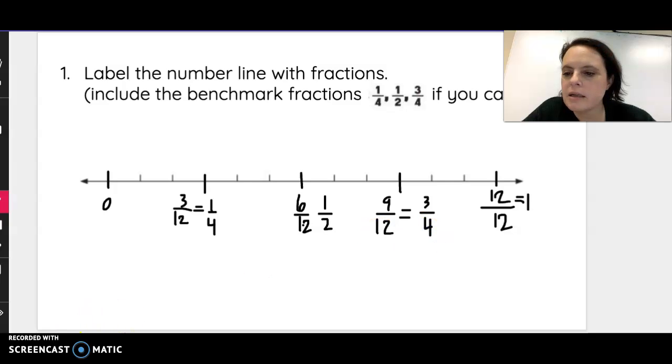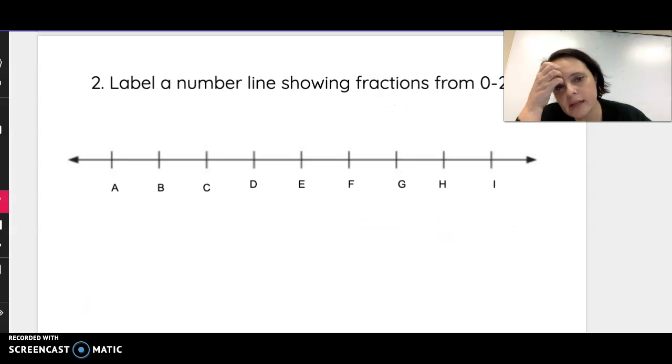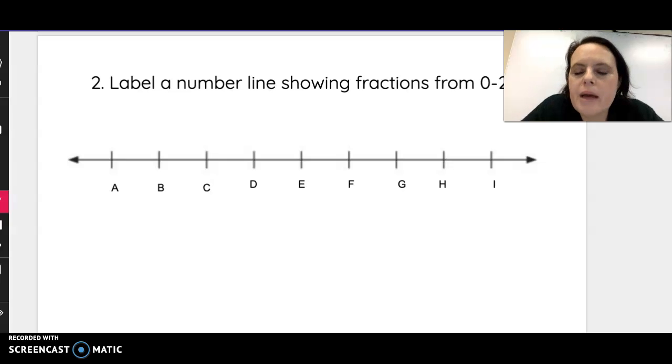All right. Now I want you to look at this number line. This one's a little bit different because from A to I, or all these dashes, we need to go from 0 to 2. So this is not just one whole number, it's actually two whole numbers. So we want to label that. I'm going to get you started by doing 0 over here, and 2 is going to be over here. And so now we want to figure out what's in the middle.